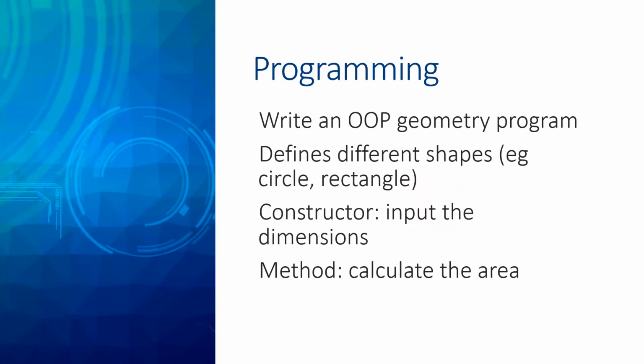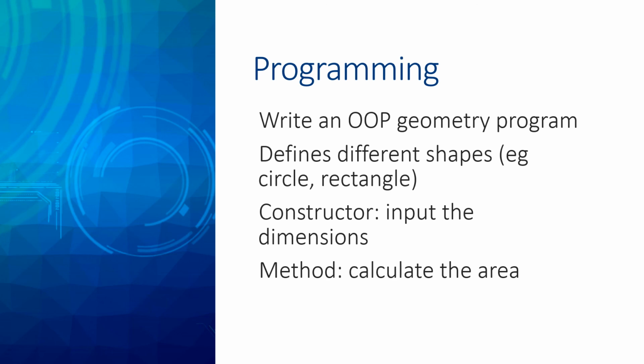So here's a programming task for you to practice with this. You could write the geometry program that I was talking about with several classes such as circles and rectangles. The constructor would have to take the appropriate measurements so that it could define, let's say, a circle. All you'd need to tell it is the radius. For a rectangle, the length of the 2 sides.